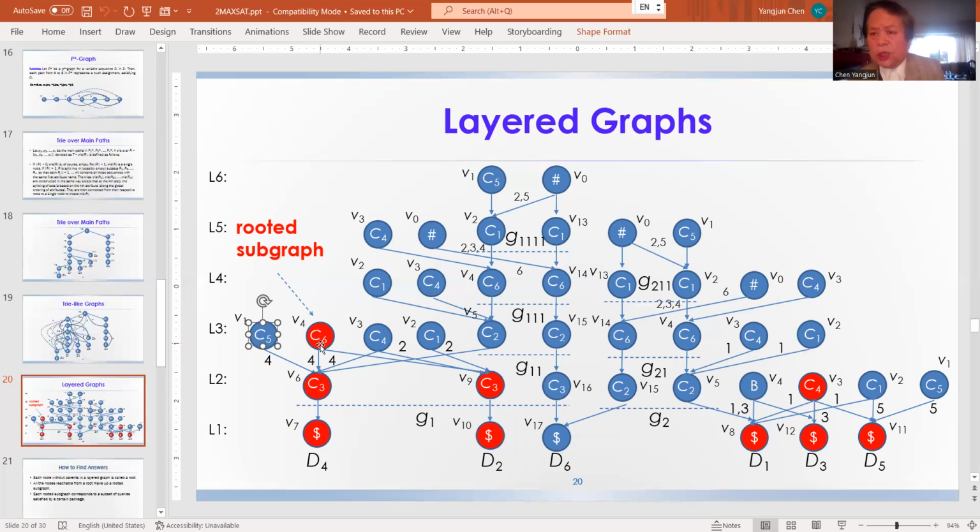Each rooted graph identifies a set of conjunctions which can be satisfied by the same truth assignment. For example, the rooted subgraph containing these 5 nodes represents a set of 2 conjunctions, D2 and D4, which can be represented by the same truth assignment.